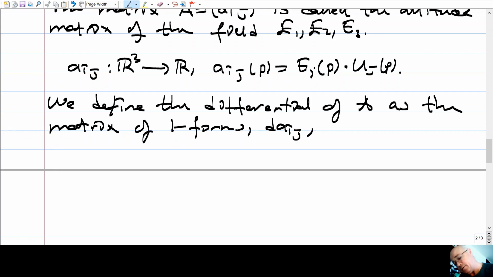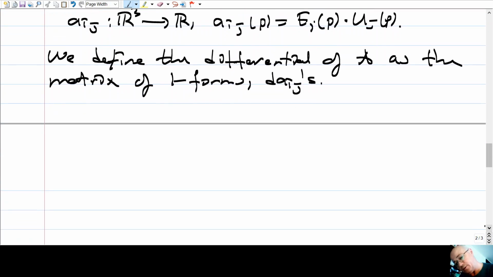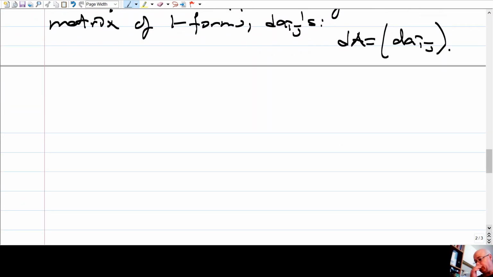Okay, here's the definition. So dA is just, I take daij, their differentials, and write this as a matrix. Okay, why did we do this? Because it will appear in our considerations.